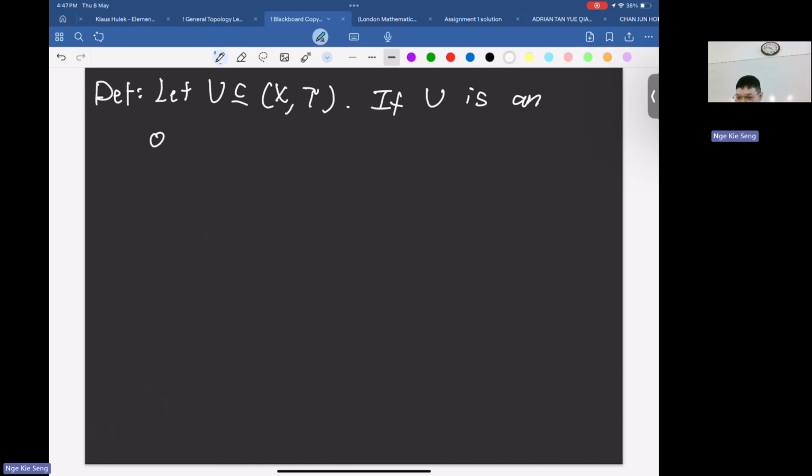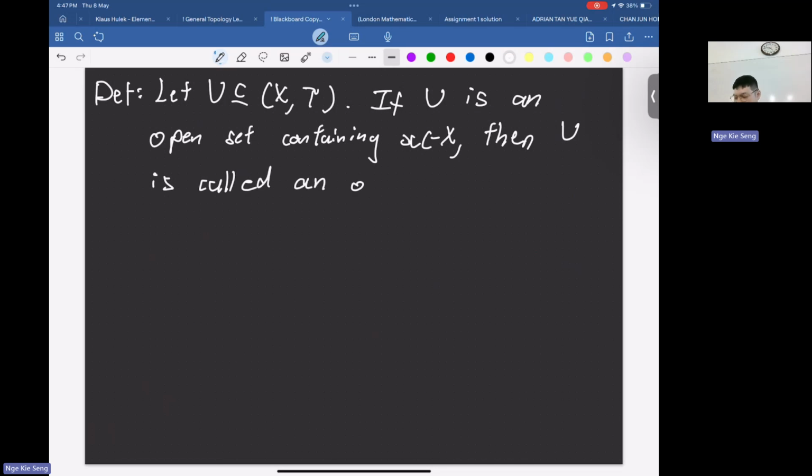Let U be a subset in this topology. If U is an open set containing X, then we will say that U is an open neighborhood. Sometimes in the literature it just says neighborhood, but we will make it clear that it is an open neighborhood.